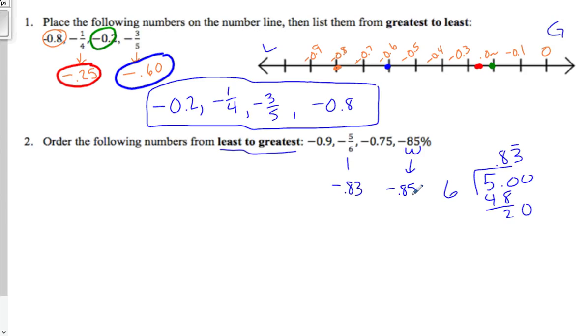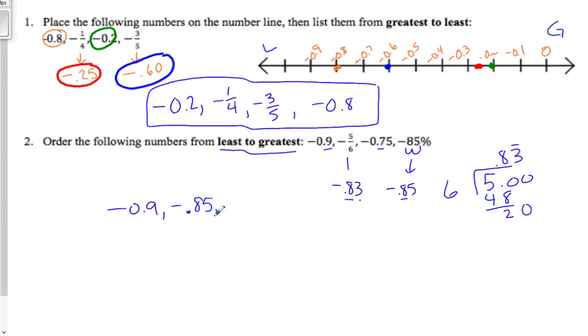All right, so in order I can look at my first decimal place, and I can see that I have -0.8, -0.9, -0.7. So least to greatest is going to be my biggest number. So -0.9 is going to be the least. Then if I look at the 8s, I've got 8.3 and 8.5. 85 is bigger than 83, so that's going to be my next negative number.